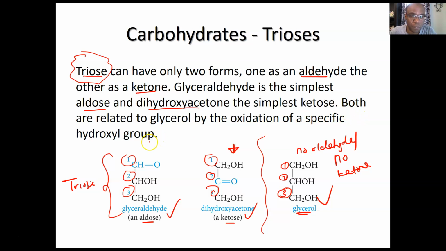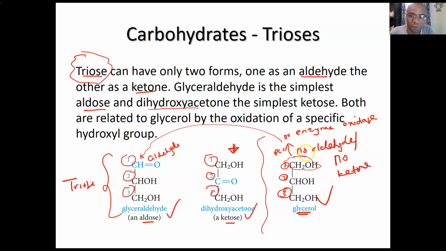Both are related to glycerol by oxidation of a specific hydroxy carbon. Let's say you oxidize this part using PCC. You're going to end up with an aldehyde. In living systems, you will not use PCC, you'll use an enzyme, an oxidase. You'll learn this in biochemistry. I won't teach you biochemistry.